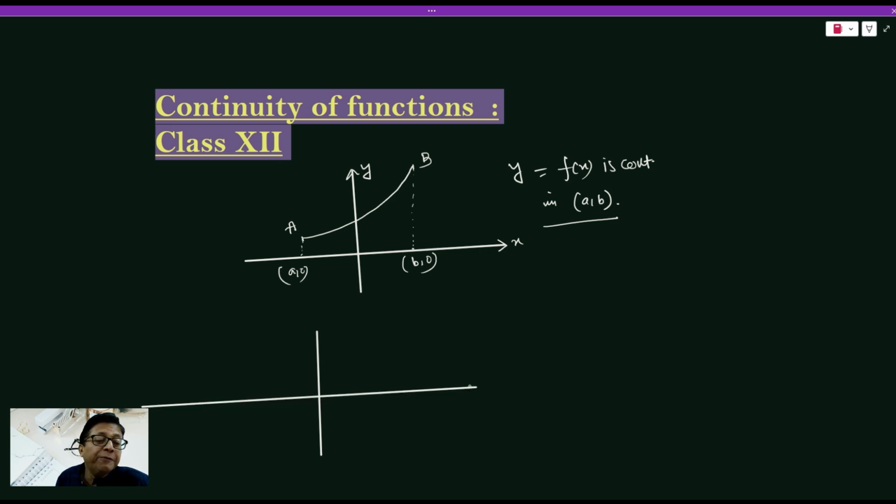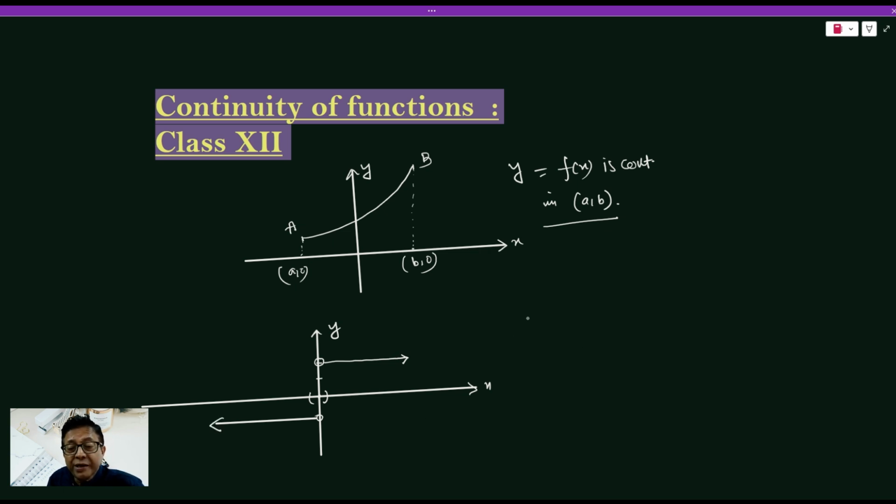So I am defining a function this manner. This is 1 and 2. The graph of function is like this. At x equal to 0, it is 0. And when x less than 0, the graph of the function is like this.